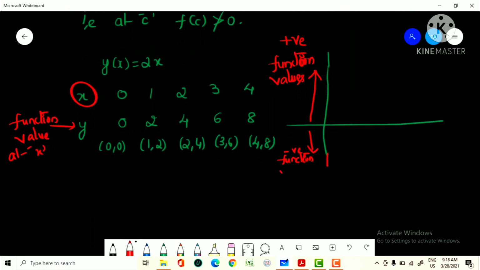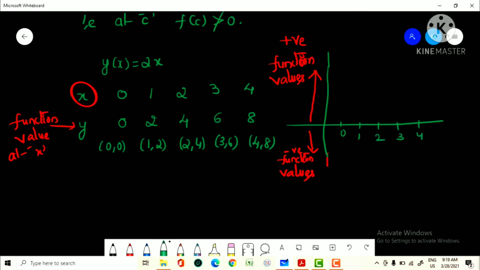Negative function values. Let us draw these coordinates. This is 0, this is 1. X value, x range I am writing 0, 1, 2, 3, 4.